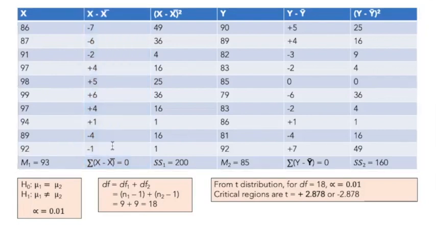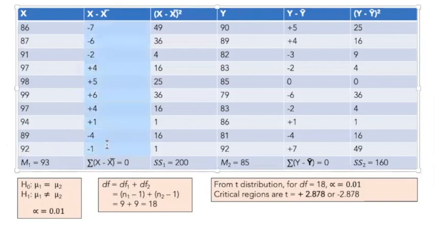Now, if you calculate all of this, the answer should always be 0. Then you know your calculation is right. So sigma means the combination of everything. So sigma of x minus x bar should be equivalent to 0. Now that is your first step.